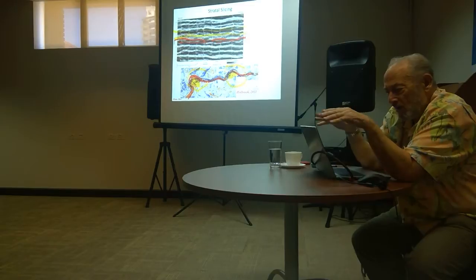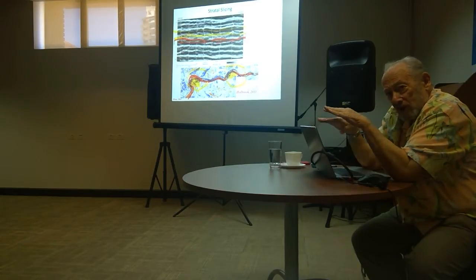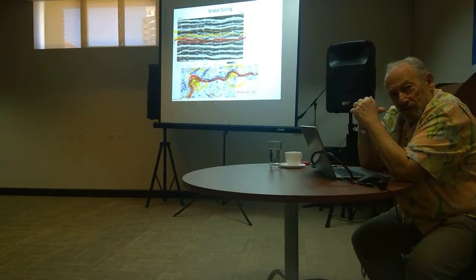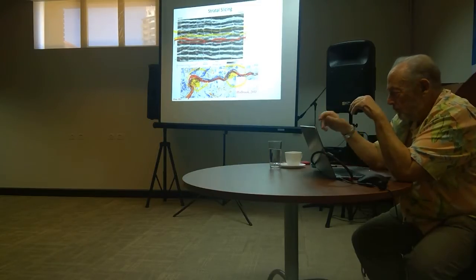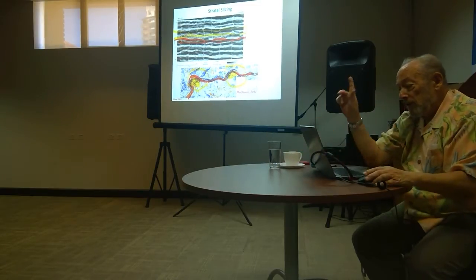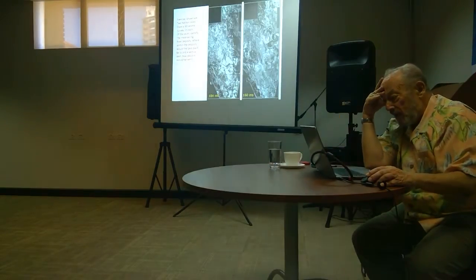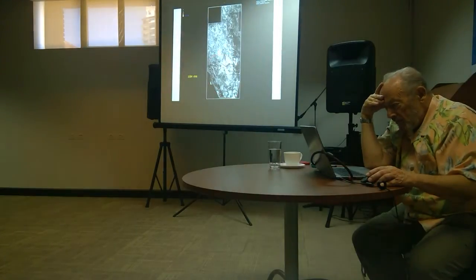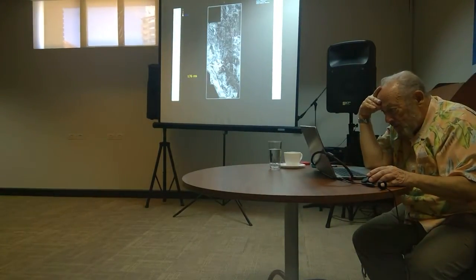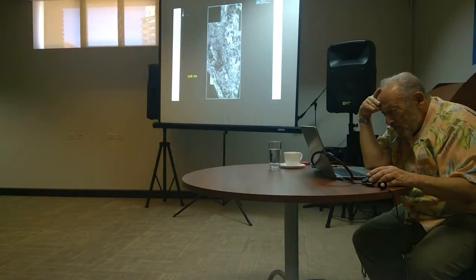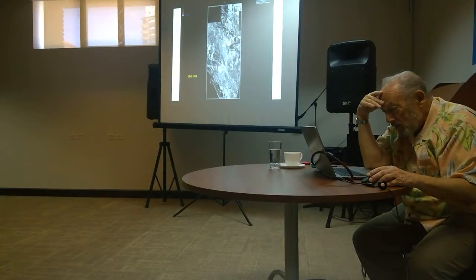So you're better off doing horizon slicing with your 3D seismic. Well, let me show you an example of that now. I've got to set this up because it goes backward. So 1 second here.